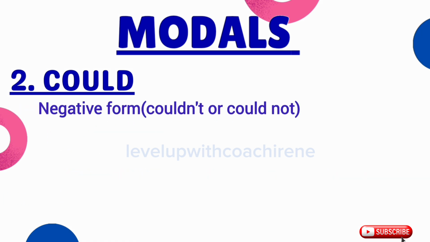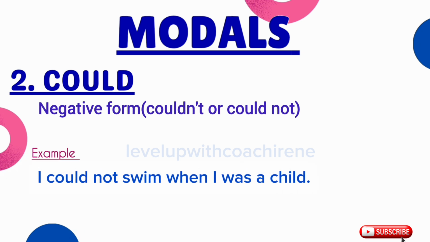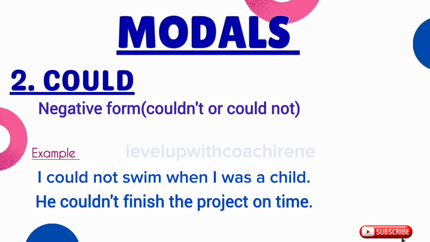The negative form of could is could not or couldn't. For example, I could not swim when I was a child. He couldn't finish the project on time. Could is versatile and expresses a wide range of meanings, often softening statements or making them more polite.